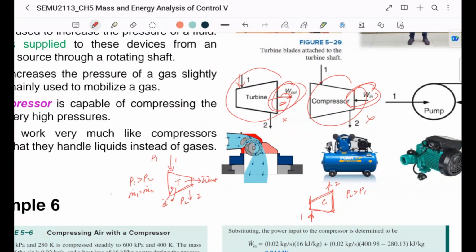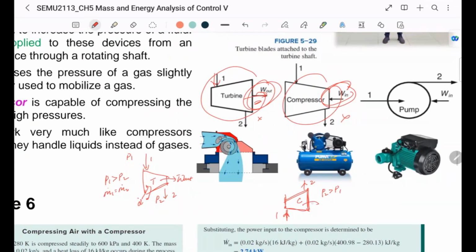Sorry, opposite to the turbine. Okay. And for compressor, there's the work in. Okay. There can be a heat transfer in or out as well, depending on whether the compressor is adiabatic or not. Okay, but for sure, there is a work transfer in. For turbine, there's a work transfer out. Okay. Nozzle just now, there's no work transfer at all.